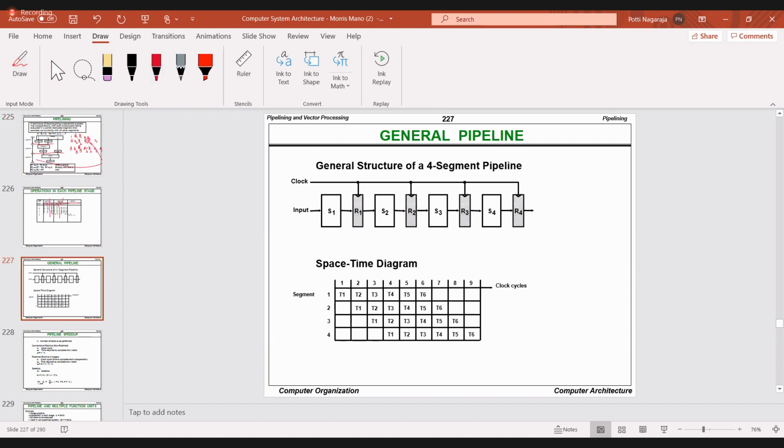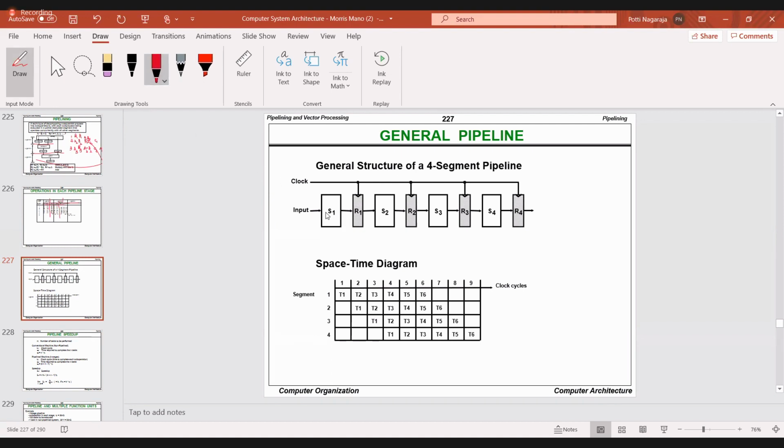Now this is nothing but a general segment pipeline. Can anyone see the diagram? How many segments are there? Check in the diagram. Four, sir. Very good. So there are four segments.